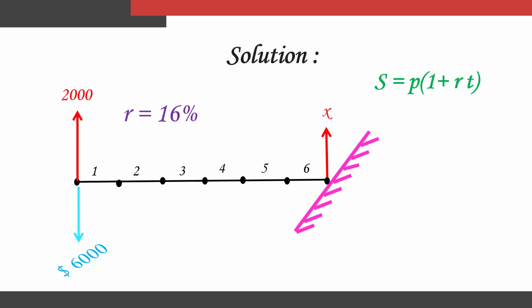In this timeline, the focal date lies after the maturity dates of old and new obligations. Note that the old obligations are under the timeline and the new obligations above the timeline, all of them before the focal date. So to get the value of $6,000, we will get the amount of $6,000 after 6 months.